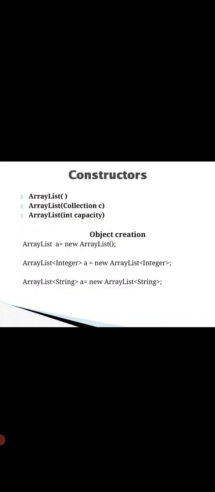To insert an element into the ArrayList, we need to use add of the element. The object name here we have created is A. If we need to insert a new object to that ArrayList, we have to use A dot add of the new element name.